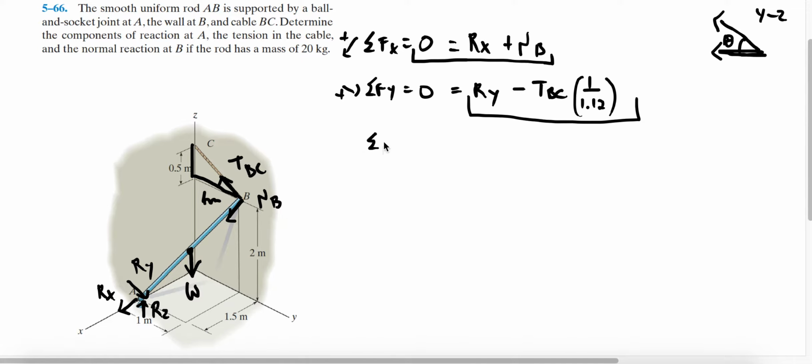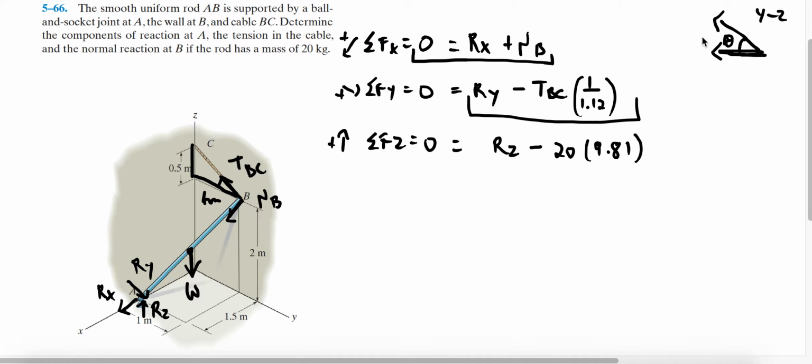So sum of the forces in the z equals 0, up positive. We get obviously Rz minus the weight, which is 20 kilograms times 9.81 gravity, right? The weight is going down in the z direction. We have TBC again.